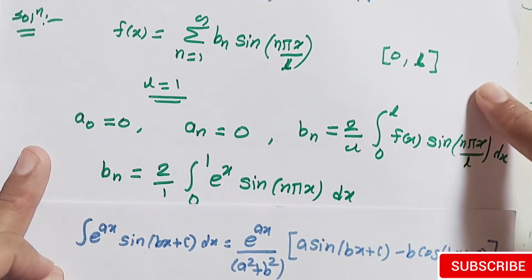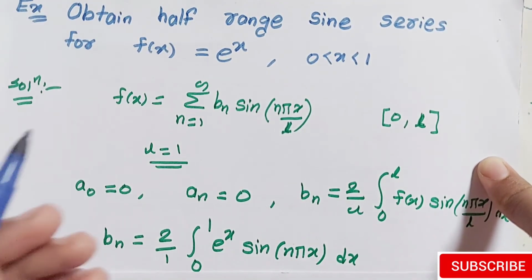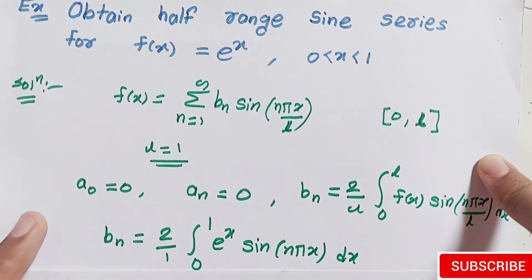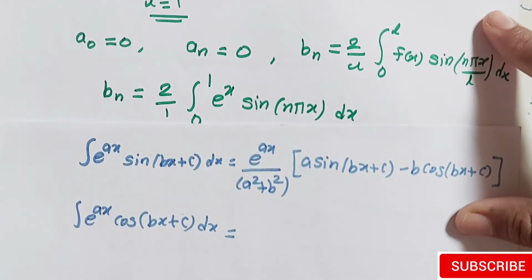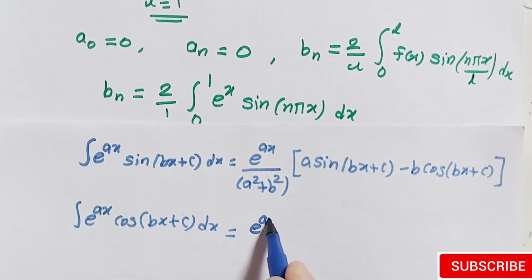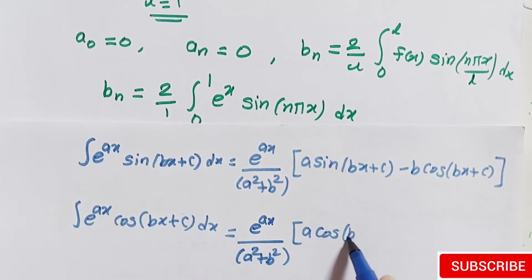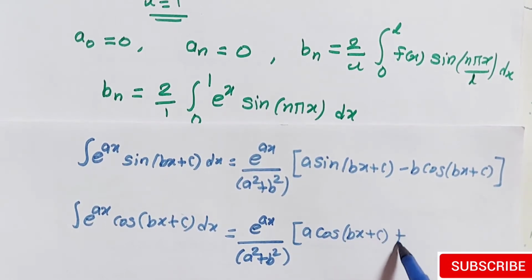But instead of the half range sine series, if the question is to find the half range cosine series for the same function, then you may require the next formula, that is integration of e raised to the power ax cos(bx plus c) dx is equal to e raised to the power ax divided by a square plus b square, in bracket, a cos(bx plus c) plus b sine(bx plus c).